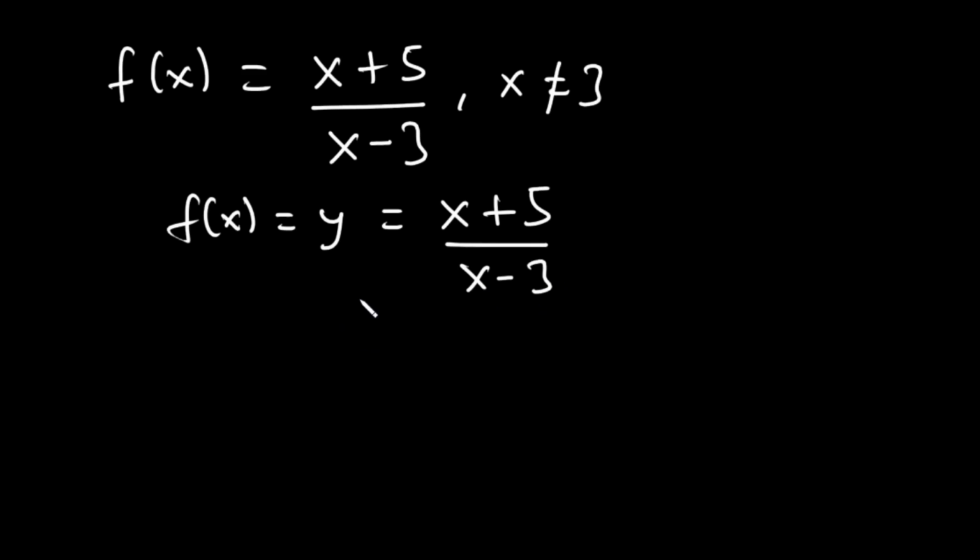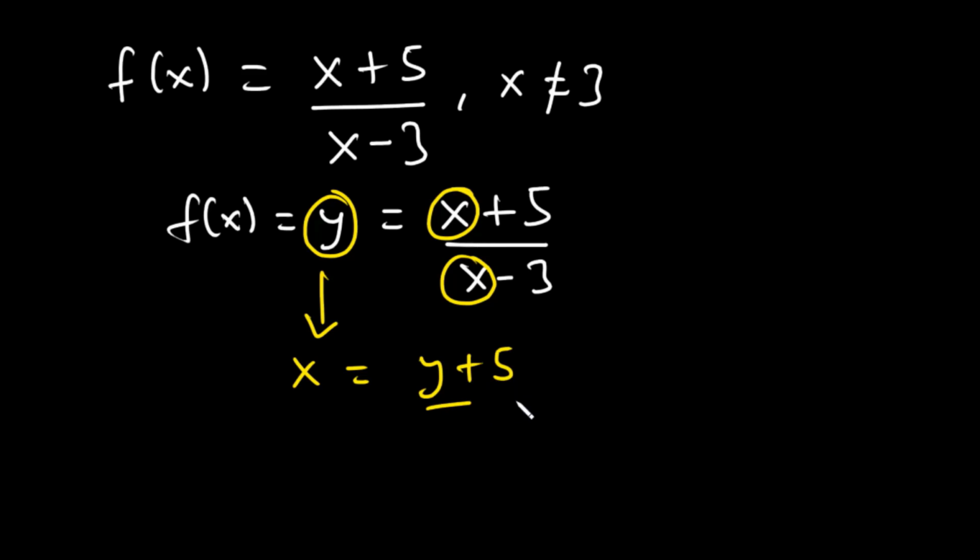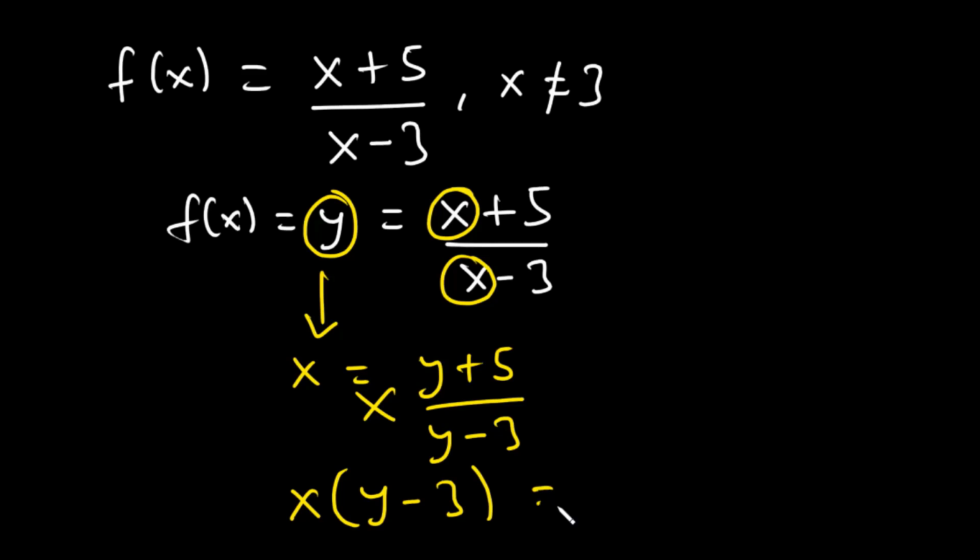And then we interchange the variables y and x, so that we have x is equal to (y plus 5) divided by (y minus 3). And then we cross multiply. So we are going to have x times (y minus 3) is equal to y plus 5. x times y is xy, and then x times -3 is -3x, and then it's equal to y plus 5.